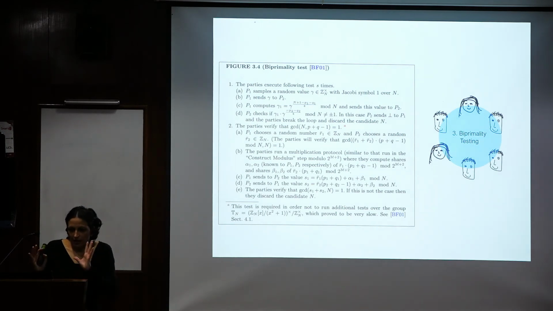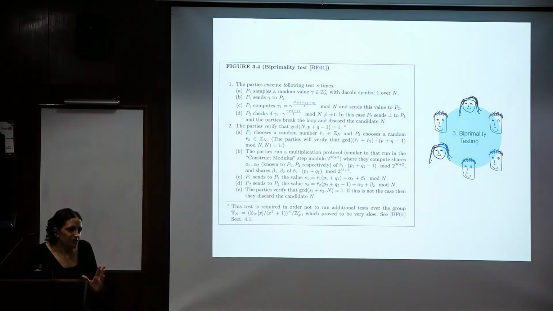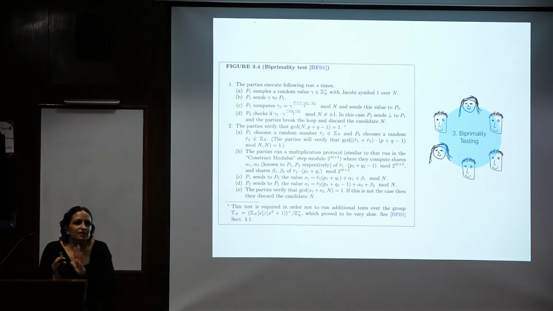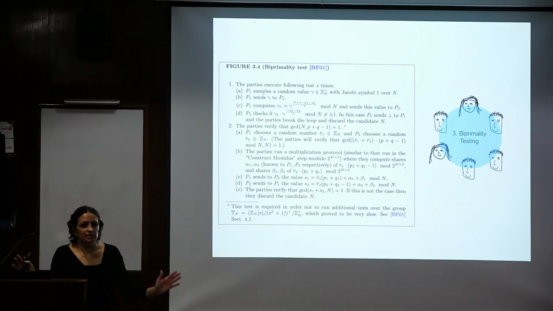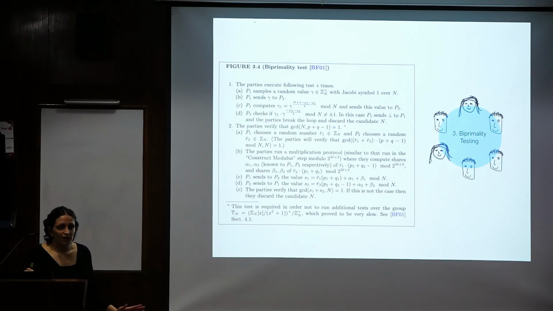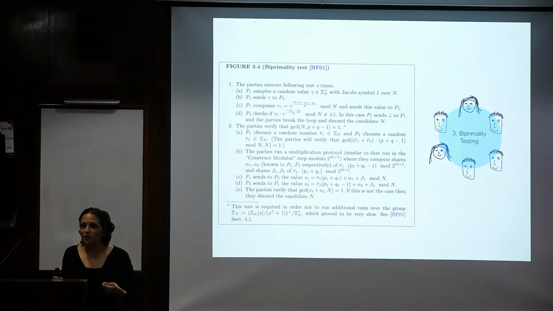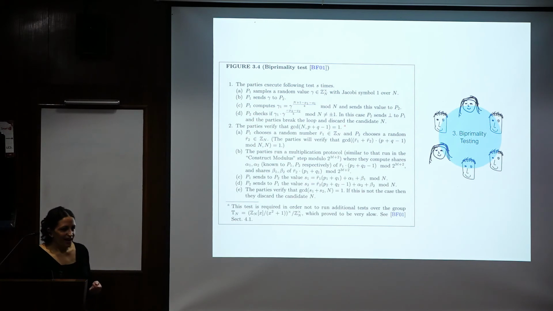And this is just the biprimality test of Boneh-Franklin. It's here as is because here we didn't optimize anything. We just used it as is. I just want to say that the error probability in their test is half. This is a worst case analysis. But when you run this protocol in practice, the error probability behaved much better.